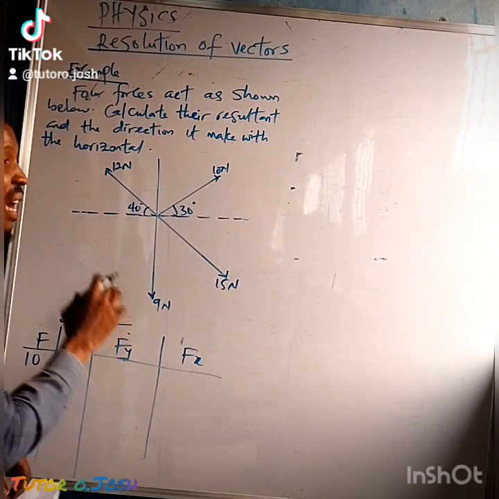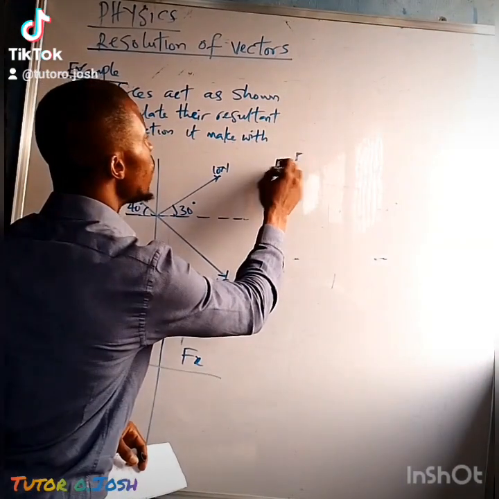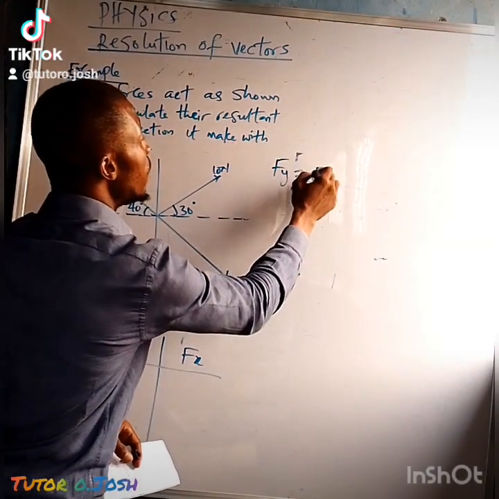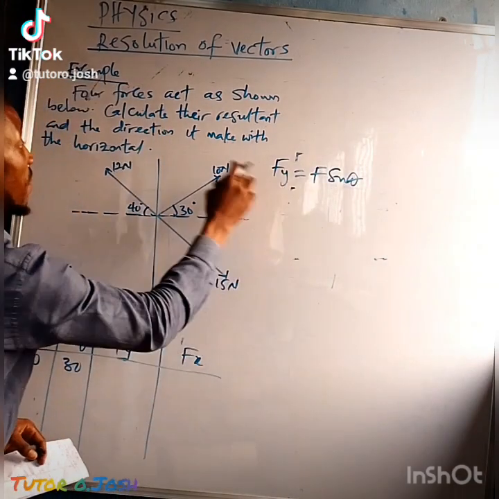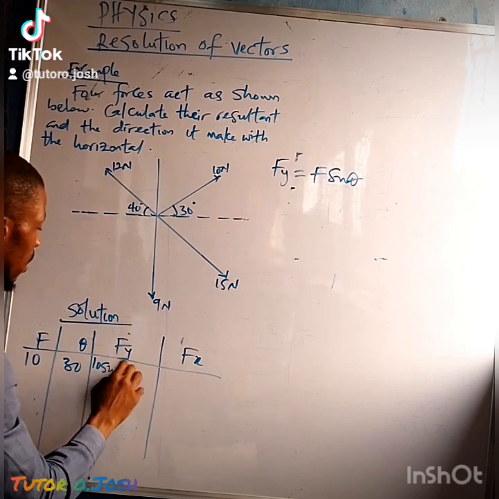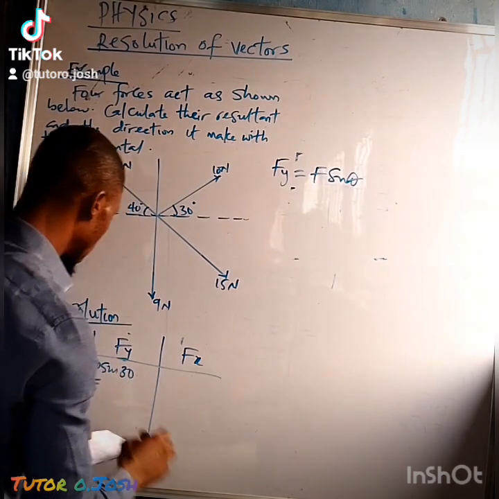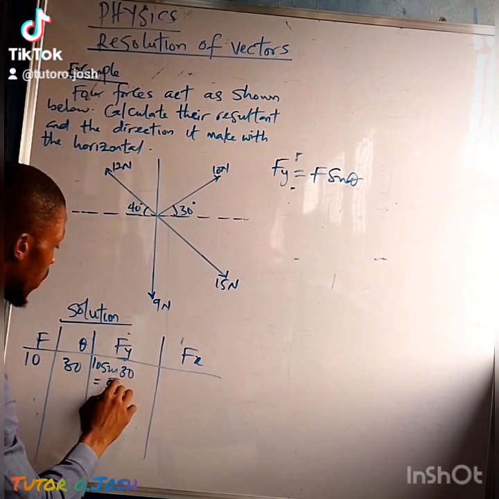Then the vertical component Fy is given as F sine theta. So here our F is 10, so this will be 10 sine 30, and from my calculation, I'm having 10 sine 30 to give us 5 Newton.